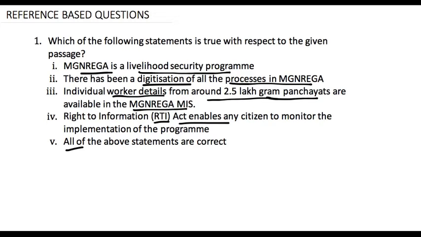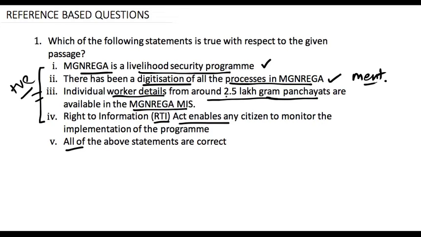Now what you see here is that in all the four choices we are talking positively about MG Narega. It is a livelihood security program. Yes, it is. We just have to confirm it by going through the passage once. There has been a digitization of all the processes in MG Narega. It has been done. We just have to ensure that this has been mentioned in the passage.